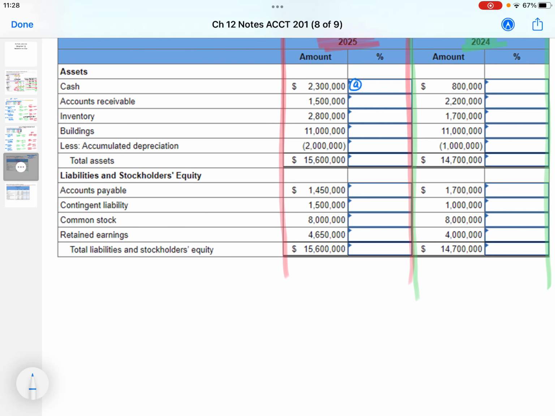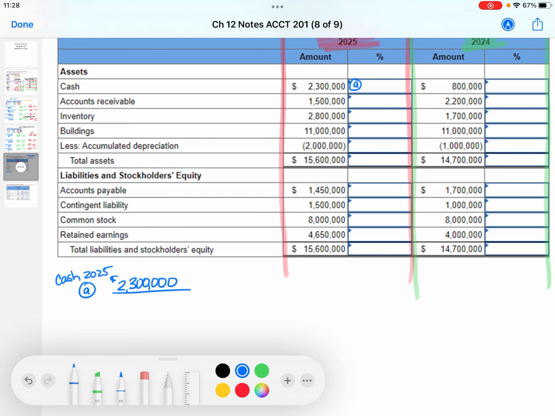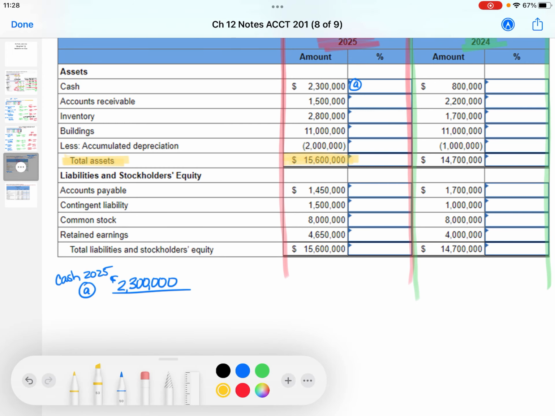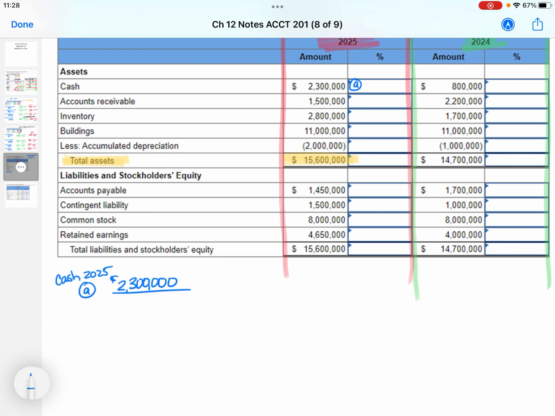For letter A here, this is for cash, so you can even label it cash for 2025. What you would do is take the account balance, which is 2,300,000. And guess what you're going to divide it by? You're going to divide it by total assets. That is going to be our base, what we're dividing everything by. So total assets, 15,600,000.